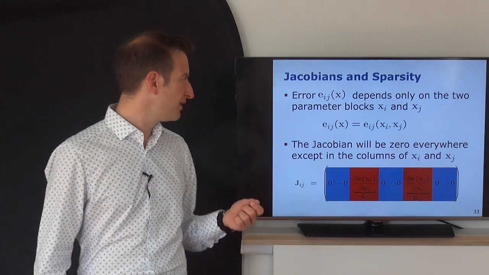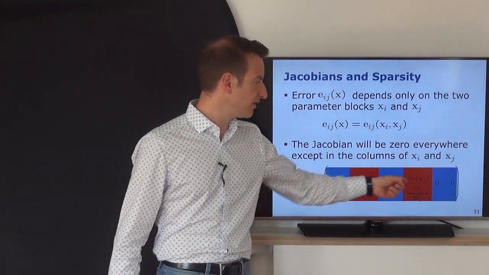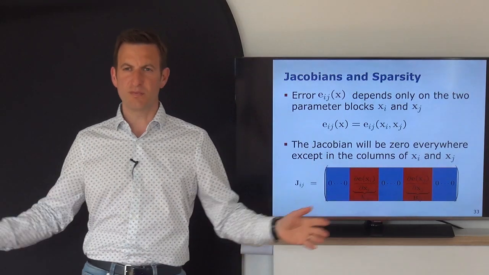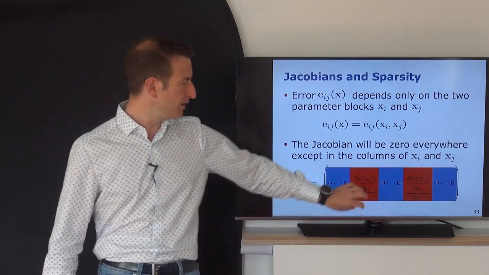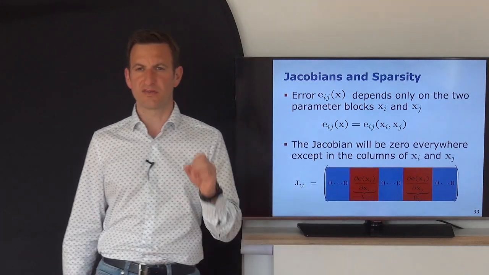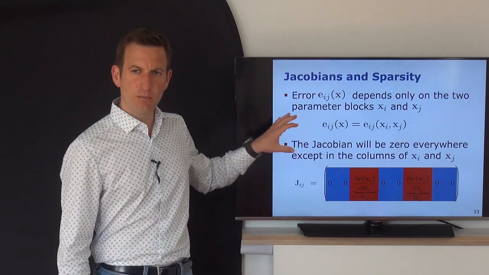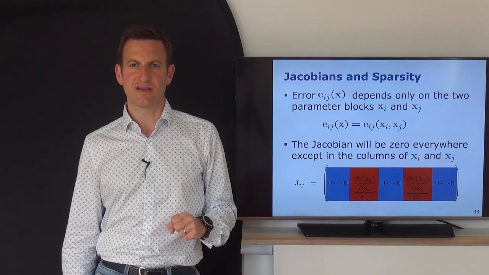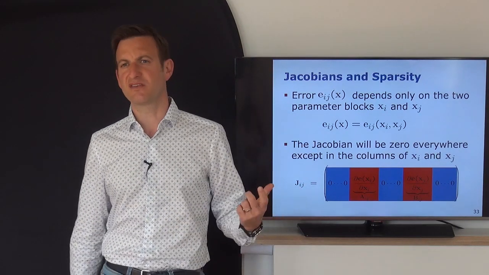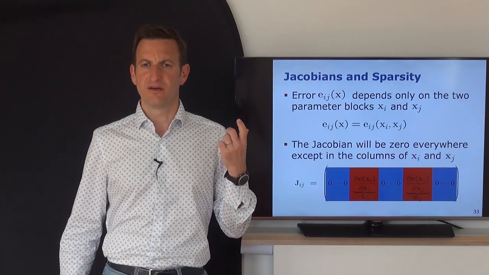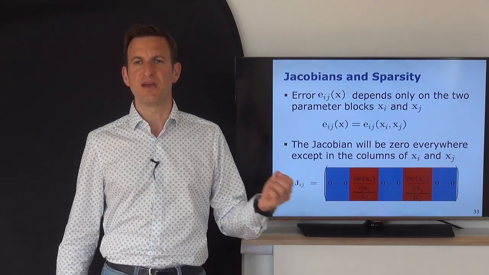This is a key insight: we have this huge Jacobian, and everything is zero in it except those 2 blocks. It's one of the most important slides in this slide set, because this insight allows you to solve real-world SLAM problems in an efficient manner.